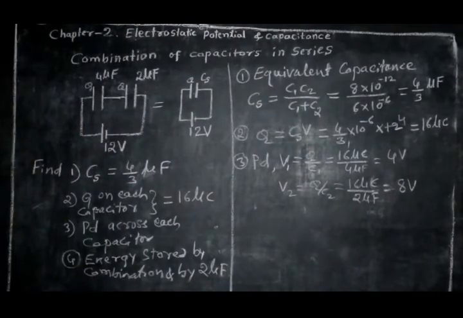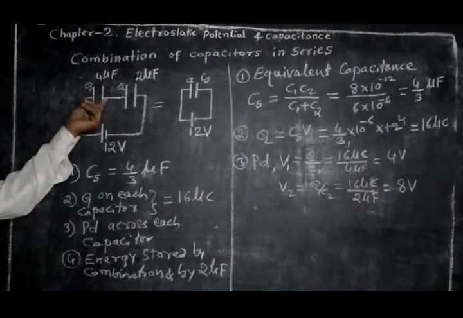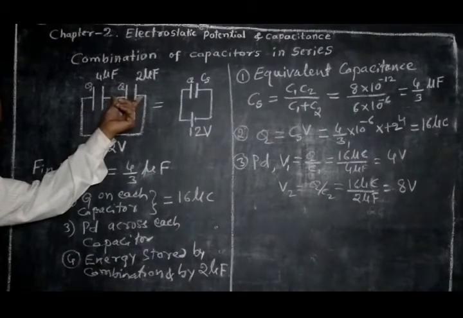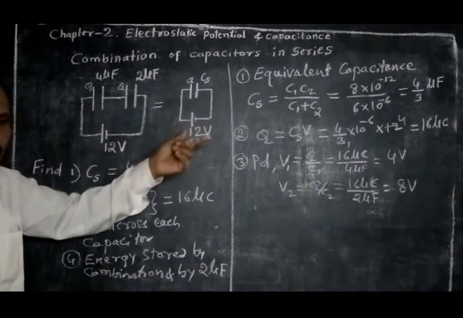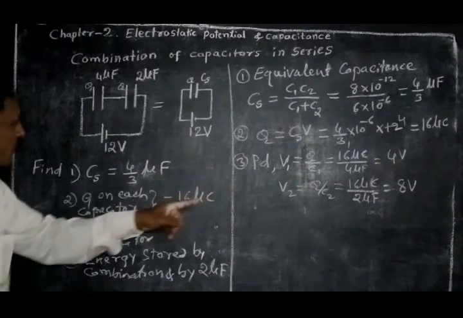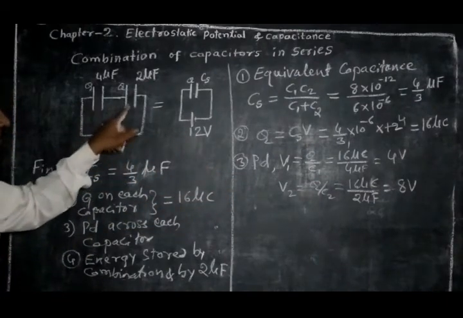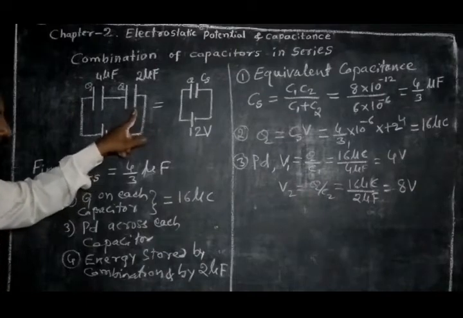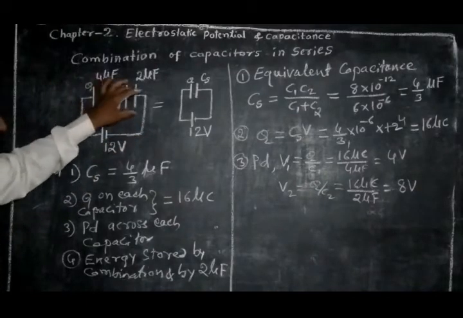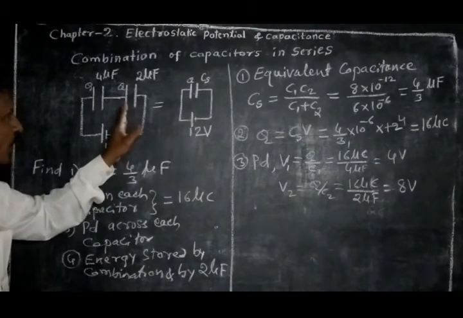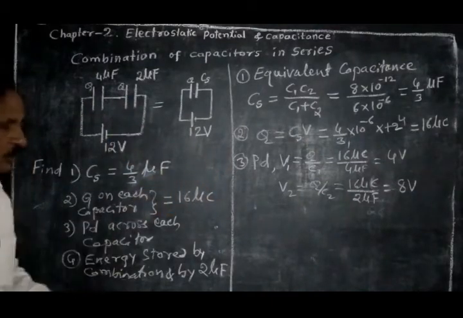Therefore, potential difference across first capacitor is 4 volt. Potential difference across second capacitor is 8 volt. 4 plus 8, 12 volt, or 12 minus 4, 8 volt.